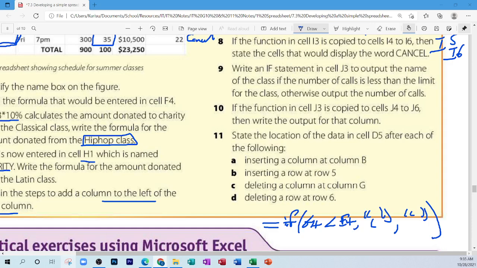Sorry, equal if open bracket J3 less than 20, comma, open apostrophe, classical, close apostrophe, comma, open apostrophe, 25 and close apostrophe, and close bracket. Okay.